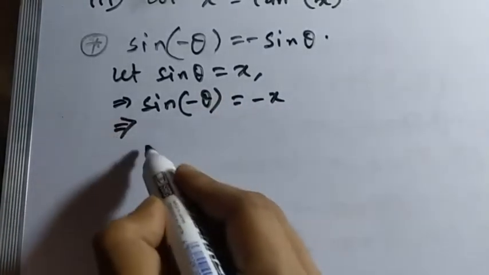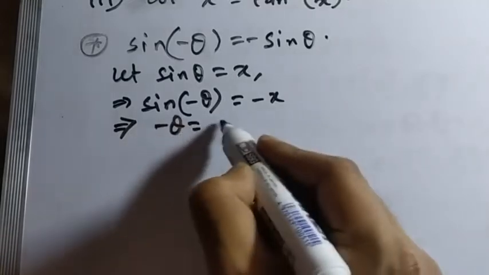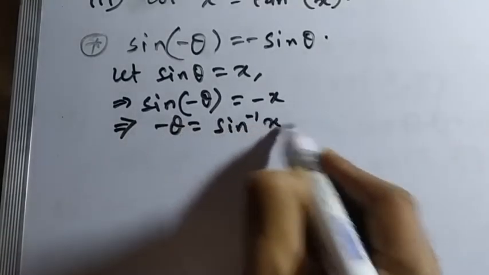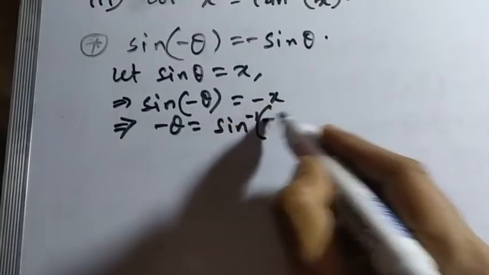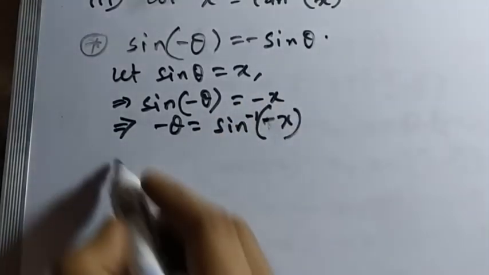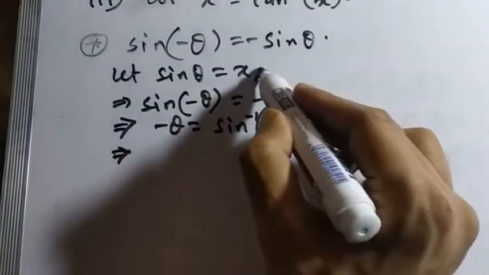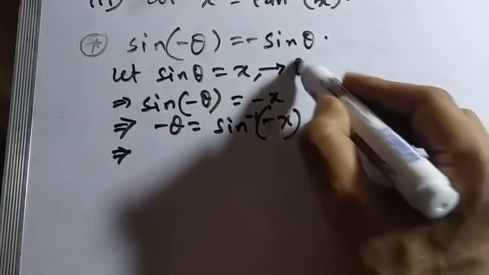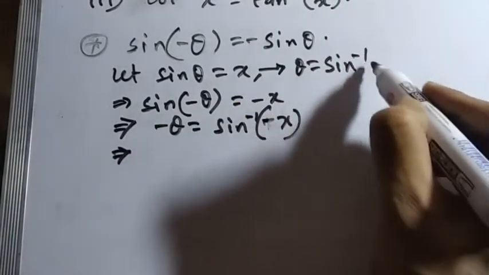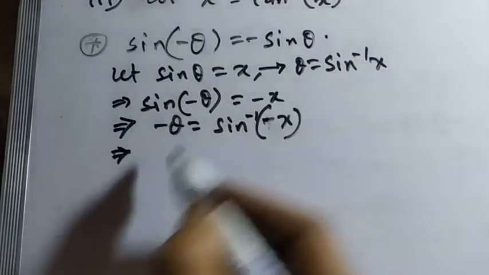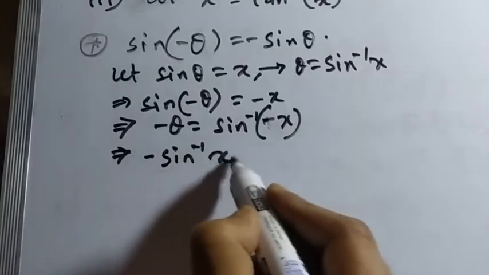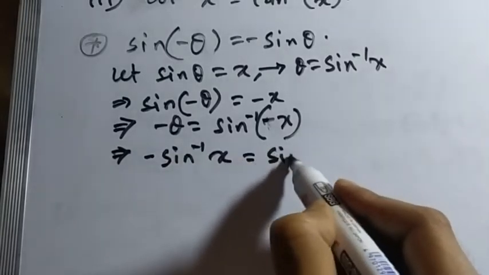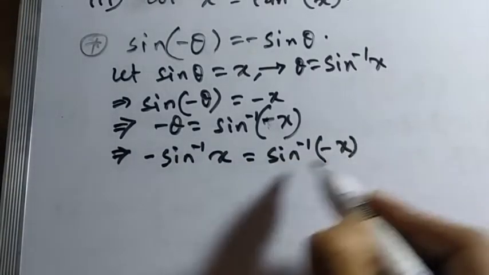Now from sine theta equals x we can write theta equals sine inverse x, and minus theta will be sine inverse of minus x. If we combine these two, then we will get minus sine inverse x equals sine inverse of minus x. So this is a formula.